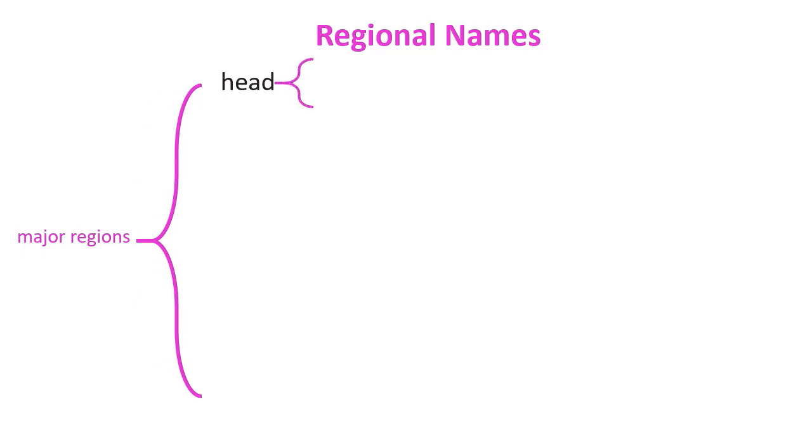The head has two major regions. The cranium, the part that contains the brain, and the face, the anterior part of the head. Then the neck.